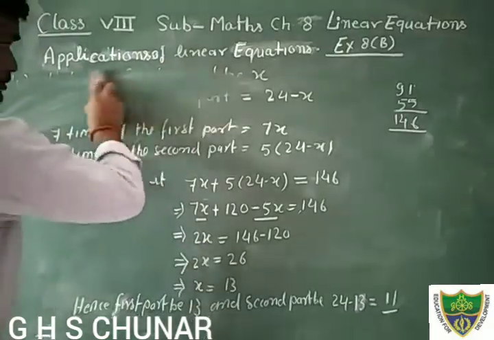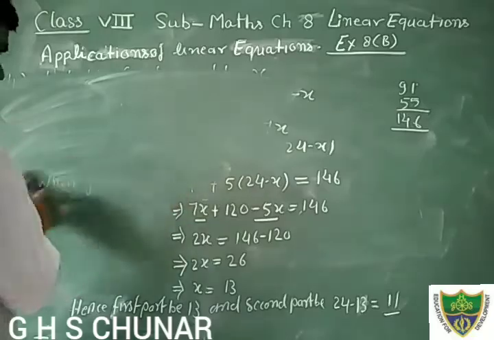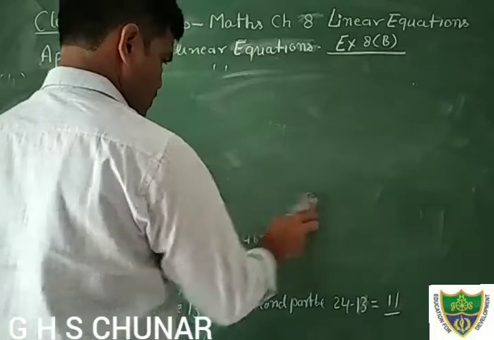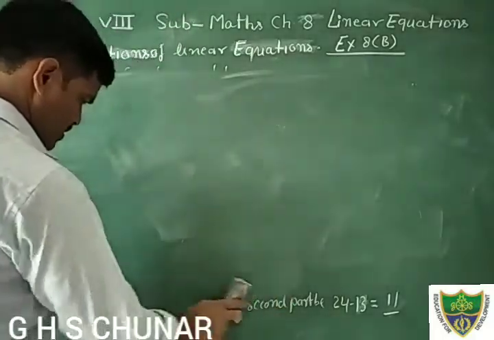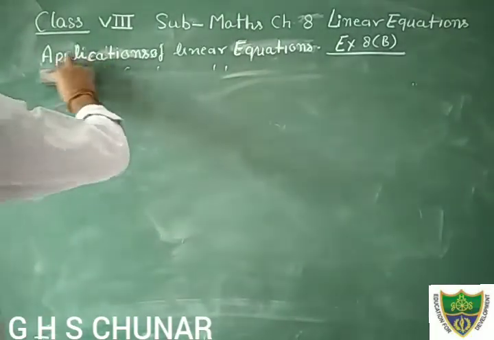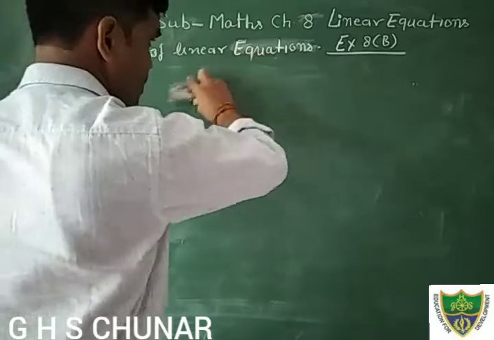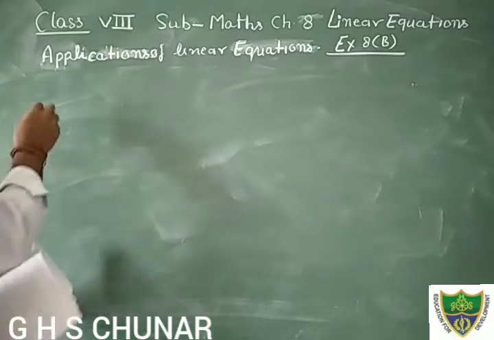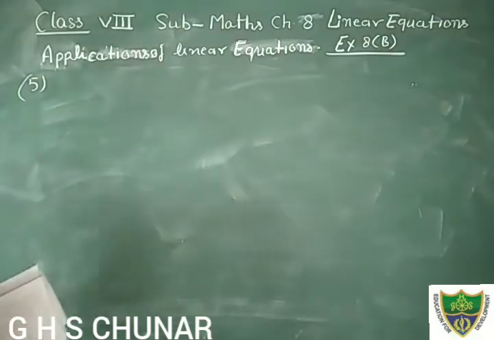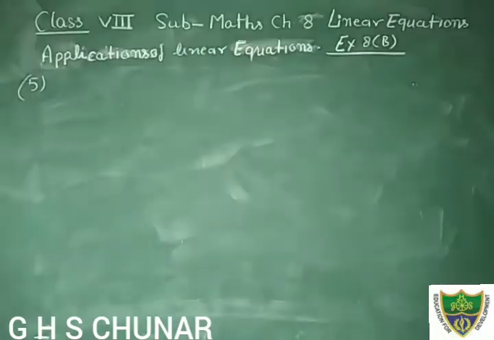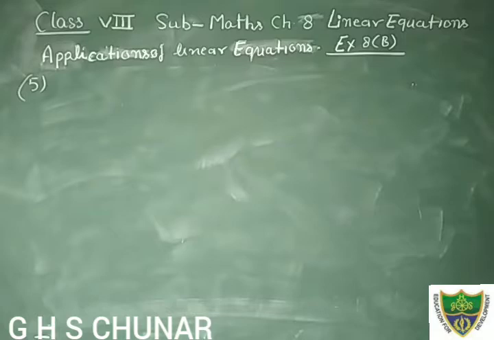Now come to the next question. The next question is: find the number whose fifth part increased by 5 is equal to its fourth part diminished by 5.